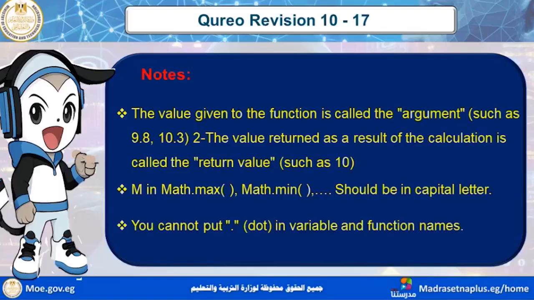Now, the value given to the function is called an argument, such as 8.9, 10.3, and so on. The value returned after that as a result of calculation is called the return value.